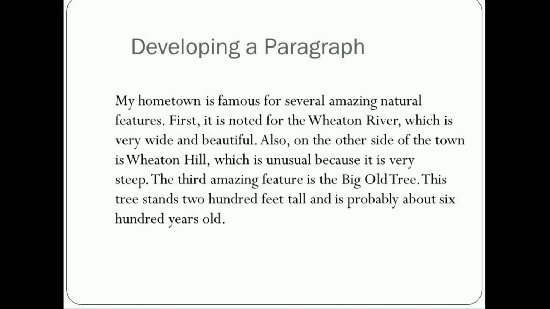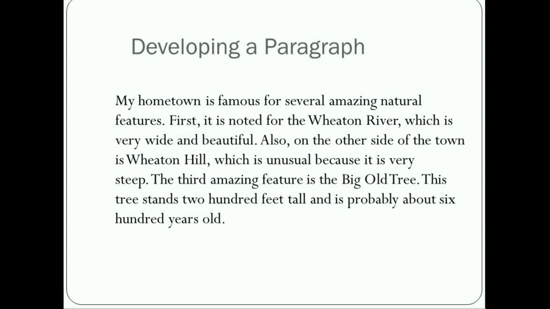Finally, the third amazing feature is the big old tree. This tree stands 200 feet tall and is probably about 600 years old. Here we have got 2 sentences that support this idea, this example, and the second one gives details again expressing why the natural feature is amazing.